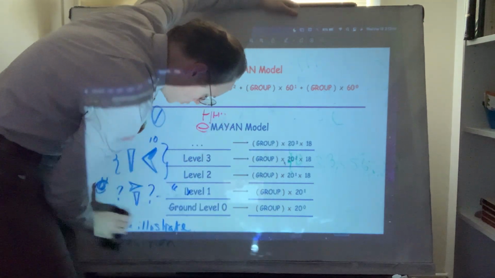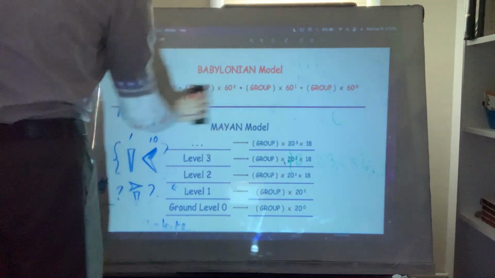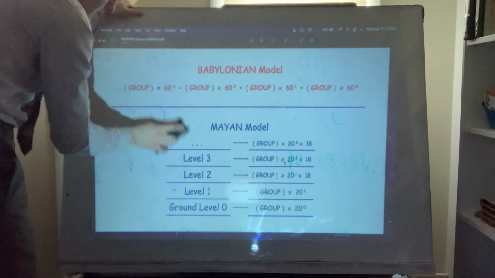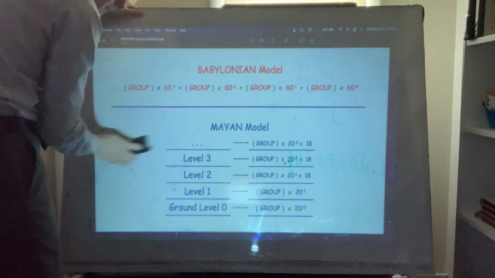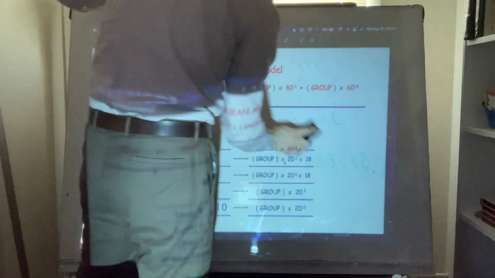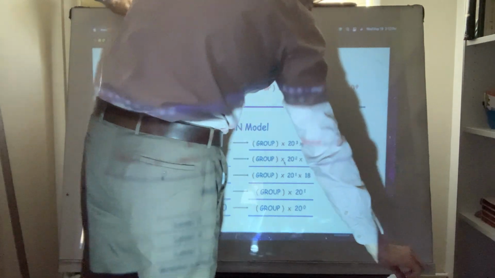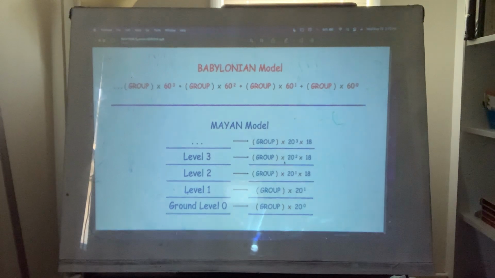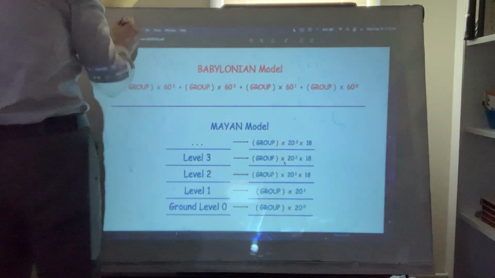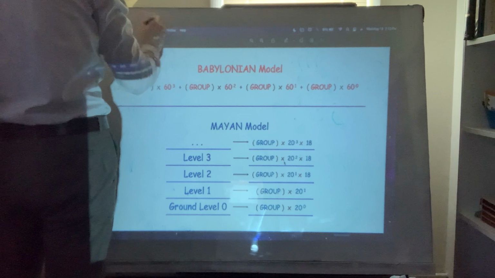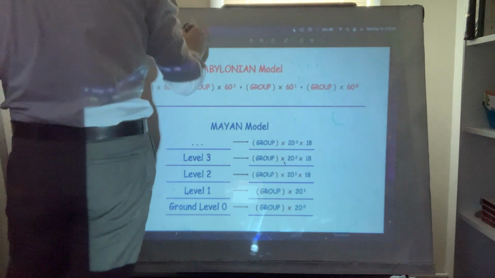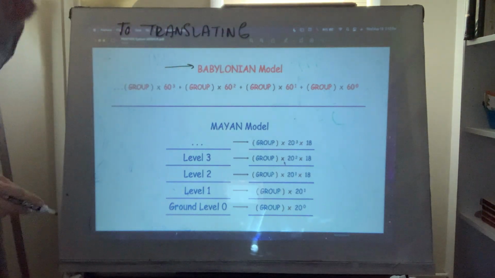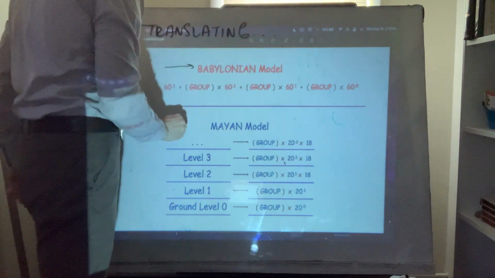These are the models that you would basically employ when you're translating between the alien system and the familiar system. Right? So have this on hand, at least if it is elucidating, when translating, specifically to or from Babylonian or to or from Mayan.